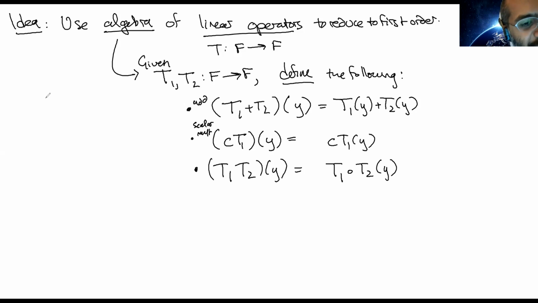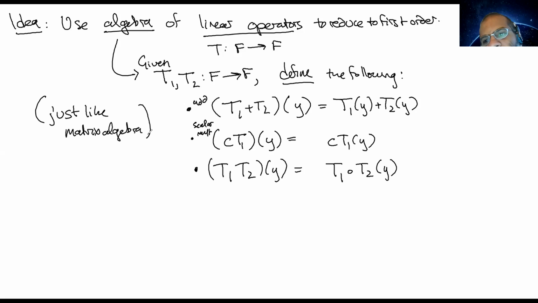So really, this is just like matrix algebra. You're used to things like squaring matrices, adding them, etc. You can actually just do that to linear transformations, to operators. It's important that they're operators. Otherwise, when you take composition, you may not get something of the right type. And finally, there's an important linear transformation, the identity, which plays the role of 1.